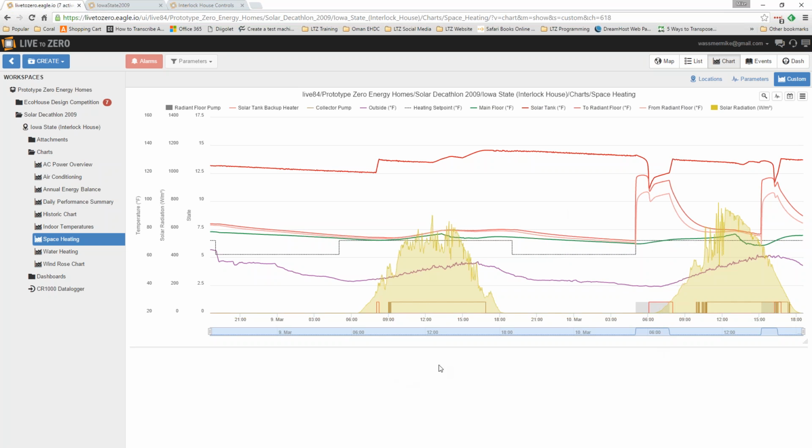So it maybe would have taken an hour to go from 71 to 72, which is their magic number. But on the other hand, the building would not have overheated to 76.5 in the middle of the day. It may have stayed comfortable all day long. So you can see the dynamics here. It's really, go ahead, Marika.